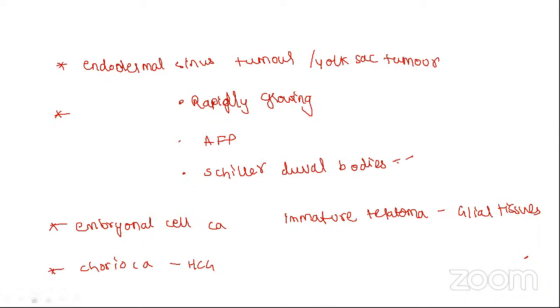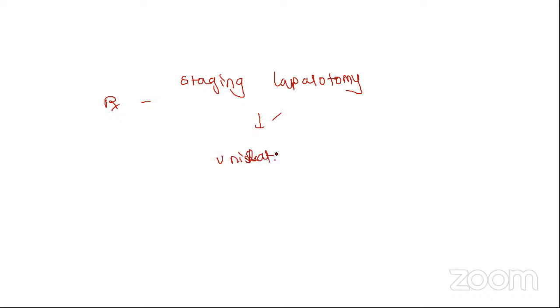Germ cell ovarian tumors, on the whole, you can remember the treatment as follows. You always stage the ovarian tumors by staging laparotomy. So you will first do staging laparotomy. Most of the time they are unilateral. So as they are unilateral, you will do unilateral salpingo-oophorectomy, followed by 4 to 6 cycles of BEP chemotherapy.